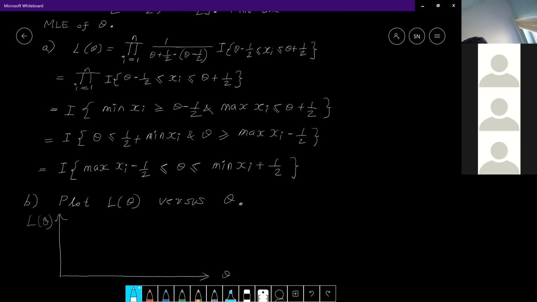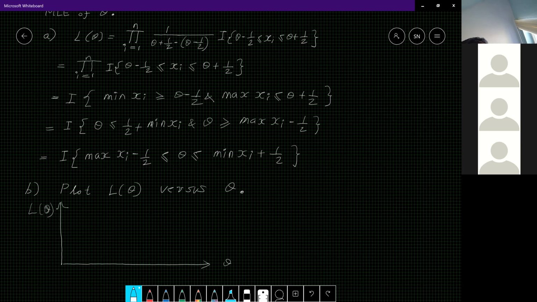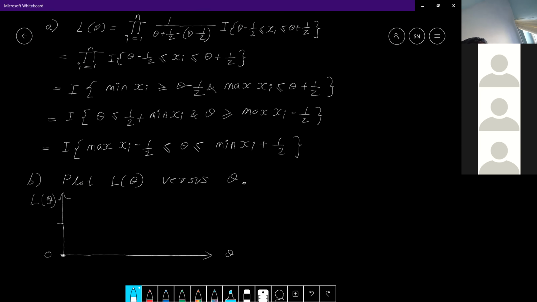Suppose this is 0. Suppose this is 1. And suppose you have 2 points here. Suppose this point here is max of xi minus a half, and this point here is min of xi plus a half.